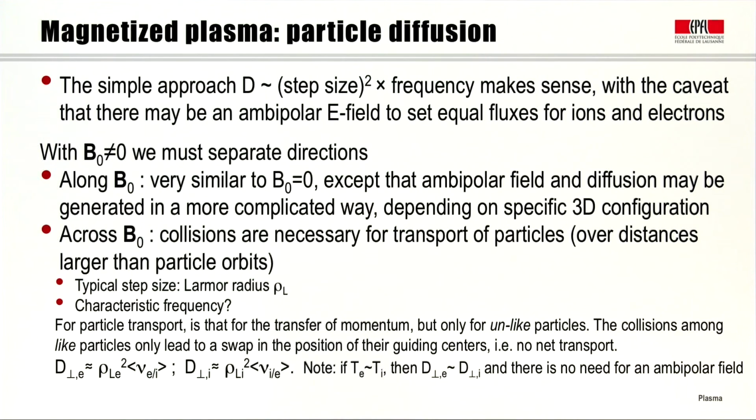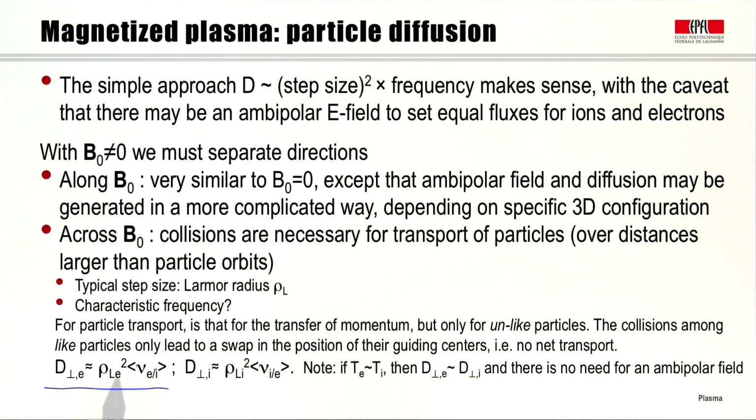But we notice one thing: we need to consider only unlike particle collisions, because the collisions among like particles will only lead to a swap in the position of the respective guiding centers, therefore no net transport. So those actually don't contribute to any transport at all. So the end result of this very simple reasoning is that we have a diffusion coefficient that can be evaluated, for example, for the electrons, and this perpendicular sign indicates, of course, that we're talking about the direction across the magnetic field.